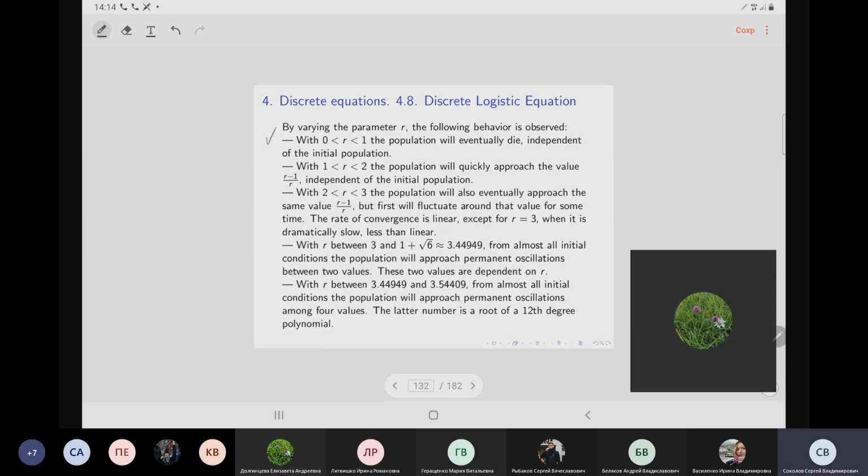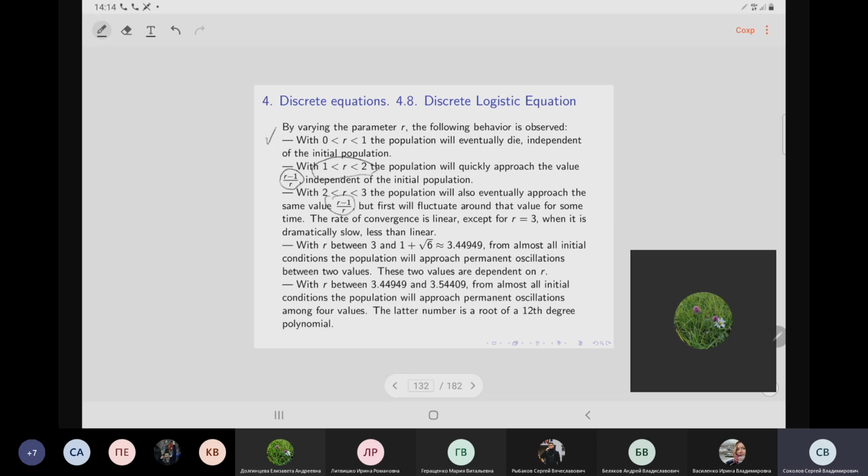Next one. If r is from 1 to 2, the population will quickly approach the stable equilibrium (r - 1)/r. Next, when we increase our coefficient furthermore, the population will eventually approach our equilibrium, but first it fluctuates around it.